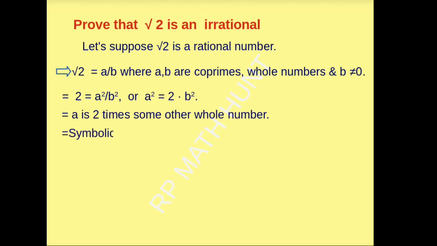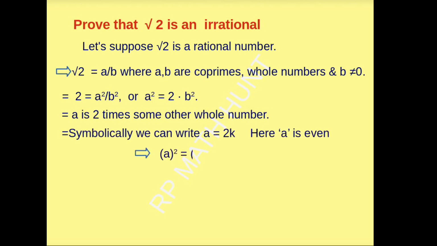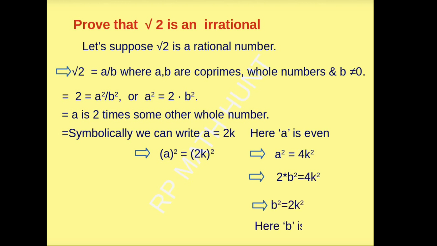Symbolically, we can write a is equal to 2k. Here, a is even. Therefore, a square is equal to 2k whole square, that is, a square is equal to 4k square. Now, 2 times b square is equal to 4k square. So b square is equal to 2k square. Hence, here b is even.